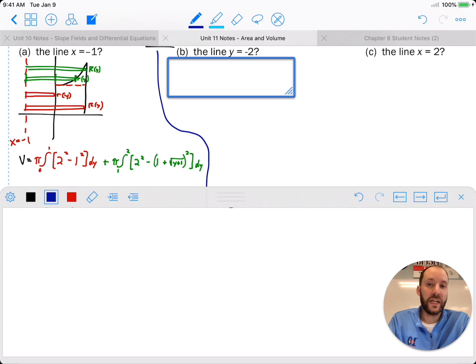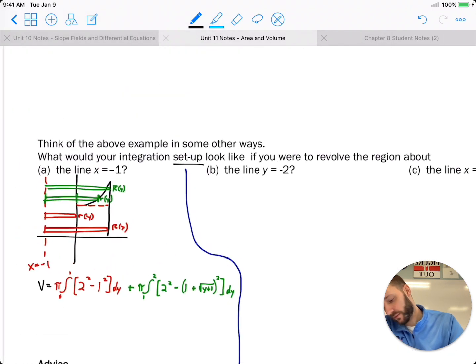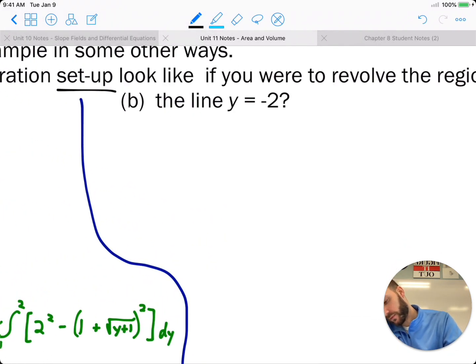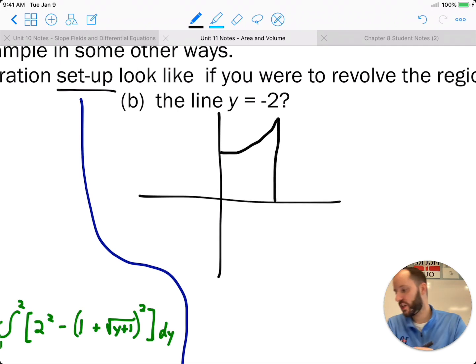For example B, revolve about the line y equals -2. Okay, let's kind of draw this picture. So xy axis gives you a region, but now we're revolving about the line y equals -2.